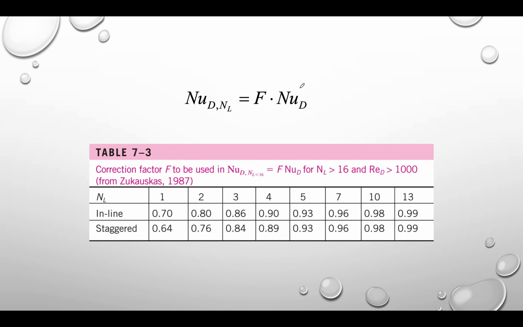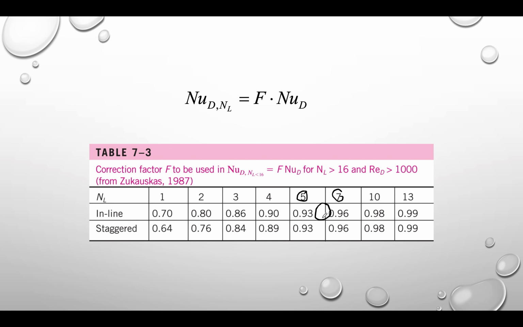Here you have number of rows 6, which is between 5 and 7, for inline.